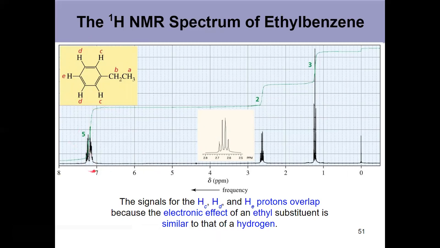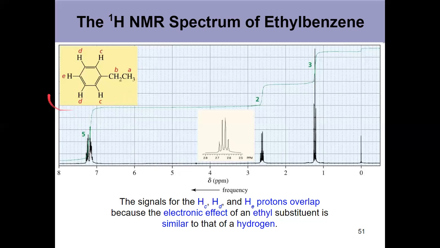So we get really just one messy multiplet over here. The resolution of this spectrum is not high enough to actually separate these things out. So the aromatic region of these NMR spectra can really be dicey, unless you have something incredibly high res.